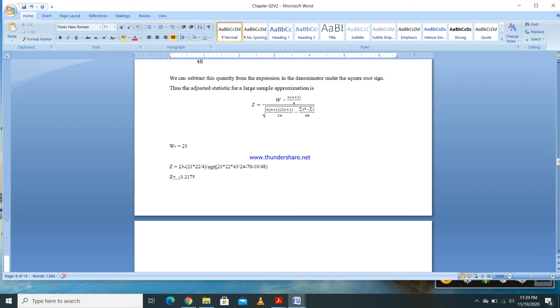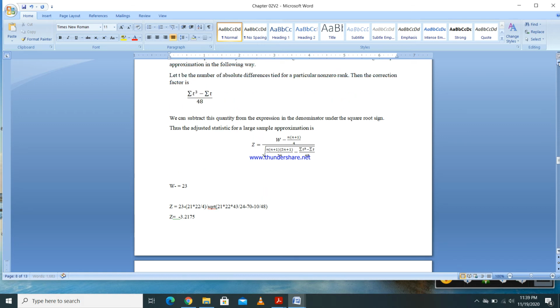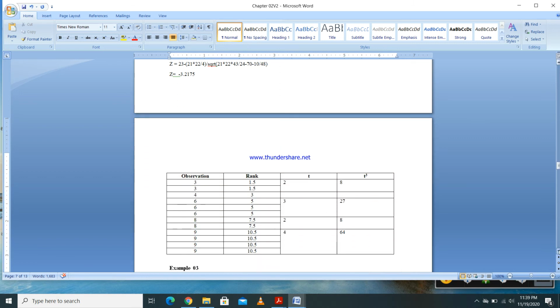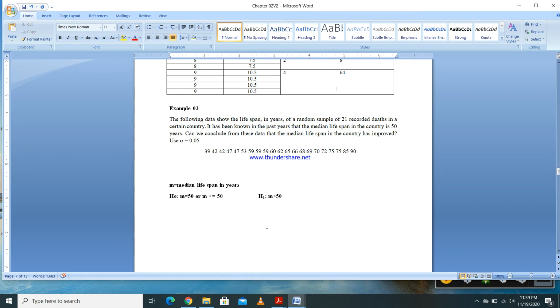If you can't remember how to take the cutoff mark of the Z distribution, let me illustrate. If you look at our hypothesis again, we have to test whether the median has improved, that the median is greater than 50. If you look at our null hypothesis, the median is less than 50. When the null hypothesis is true, our distribution goes towards our left hand side.